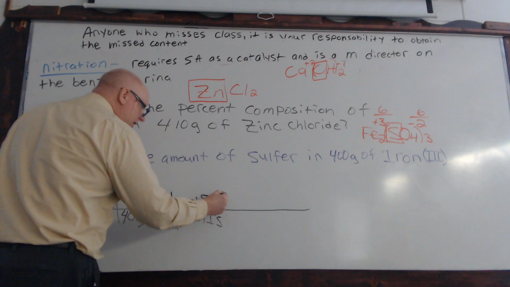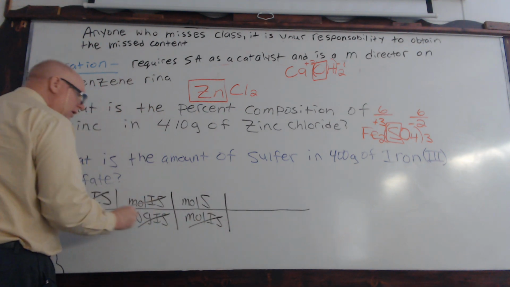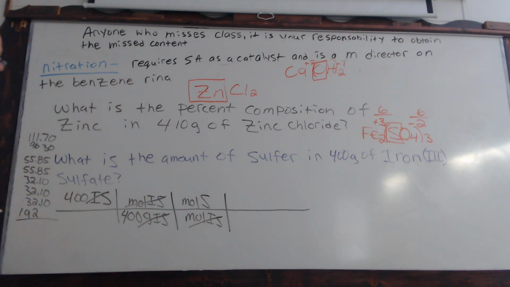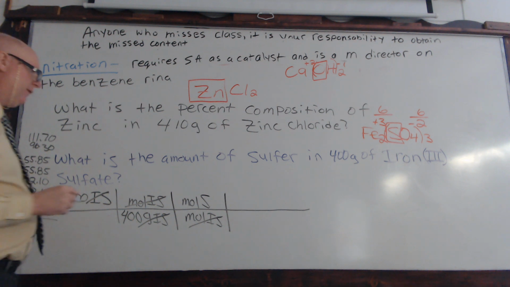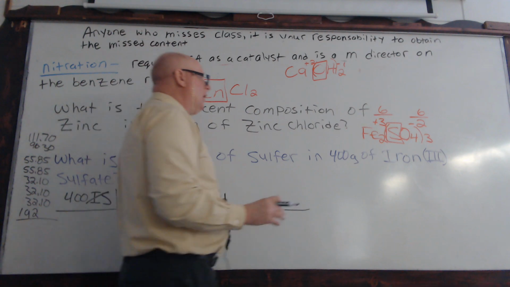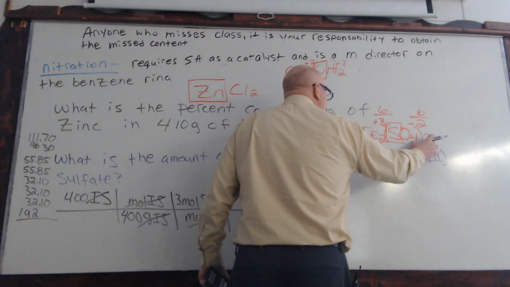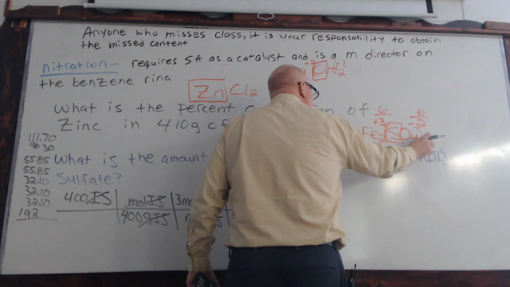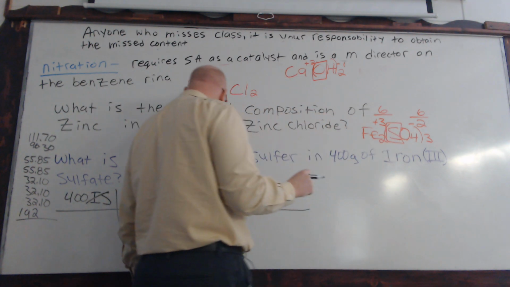So then in this step, how many moles of sulfur do we have? 3. We only have 3. Because if it was oxygen, we would have 12 there. And if it was iron, we'd have 2, but we distribute that 3 for the moles of sulfur.